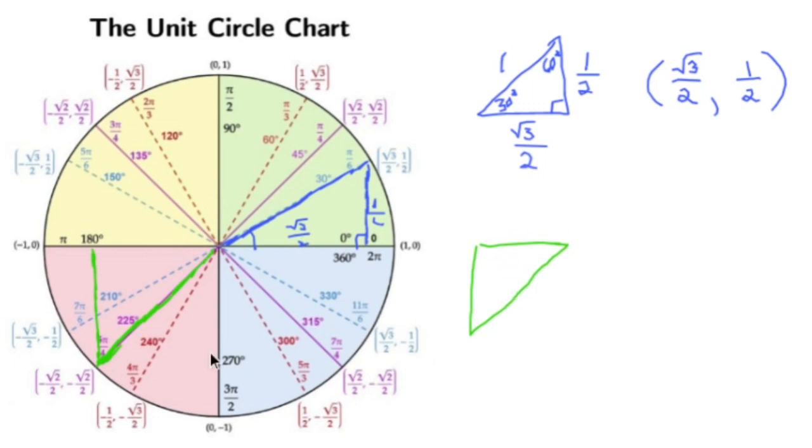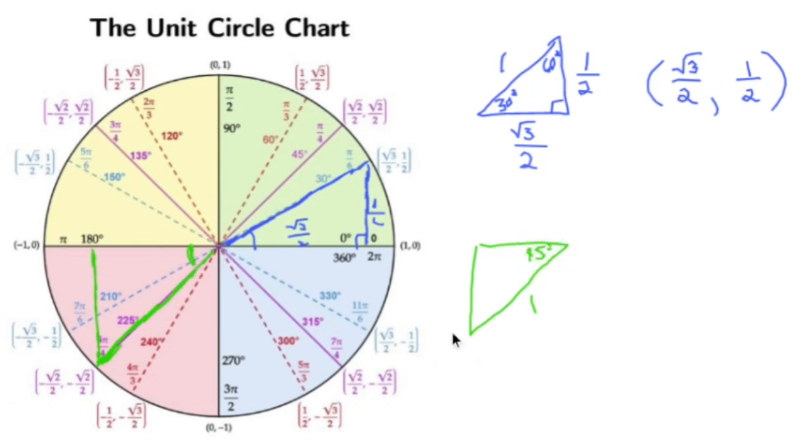What do I know? I know that my hypotenuse comes from the radius of the unit circle, which is 1. I know that it's telling me right here that the angle is 225. Well, what does that mean? 225 starting from this guy spun around means that if I were to cut out 180 of it and only focus on the degrees from 180 degrees to 225, that gives me a 45 degree angle.